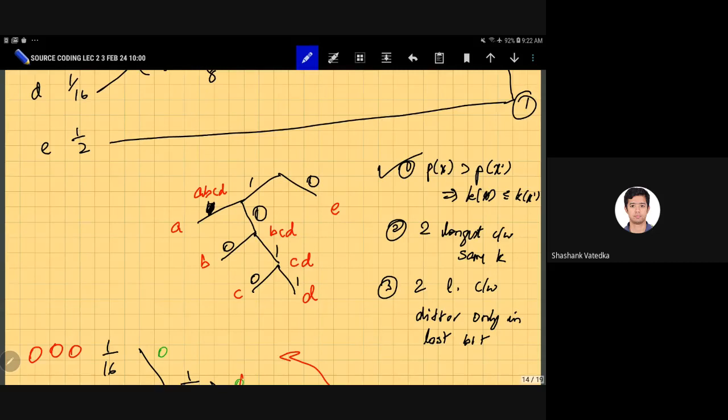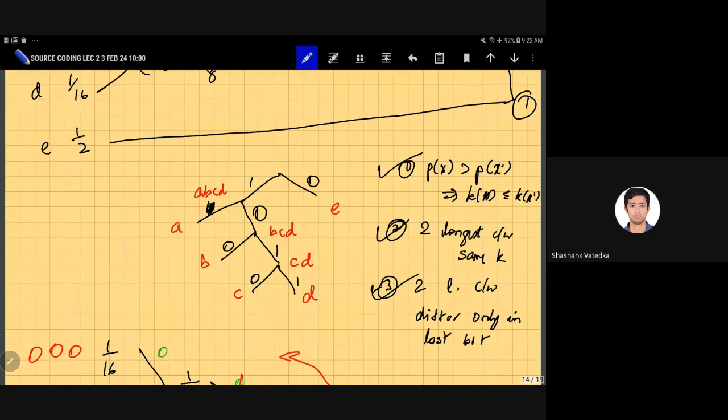And by construction, these two code words will differ only in the last bit, because the first few bits of the code words corresponding to the least likely symbols will be the same. So both 2 and 3 are also satisfied for Huffman codes. So indeed, Huffman codes are canonical.